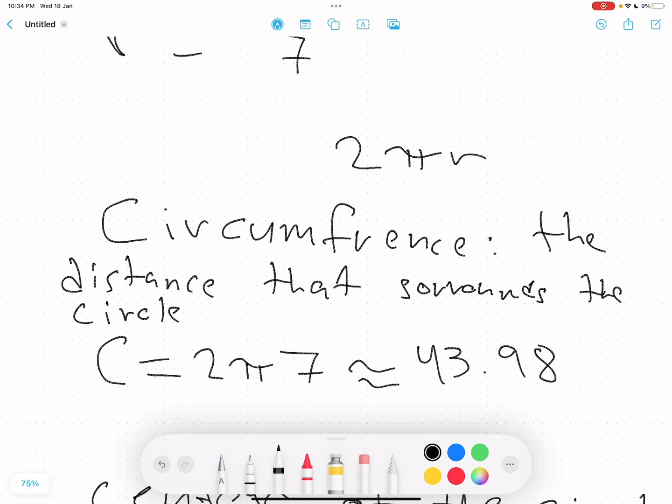Now this is the entire circumference, the entire distance around the circle. That's the distance of the line segments that are tangent around the circle.